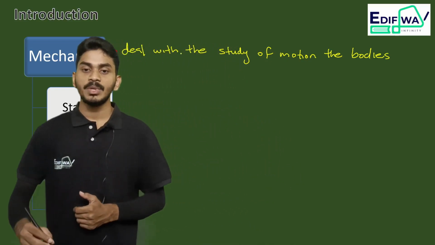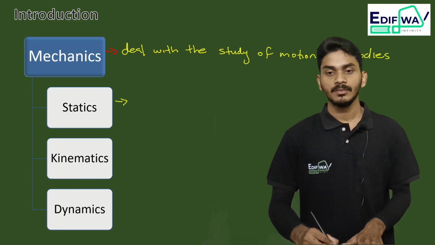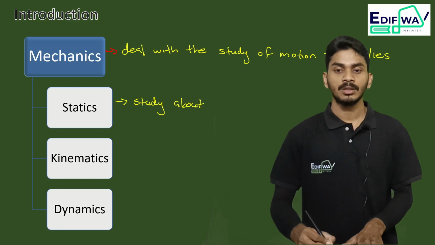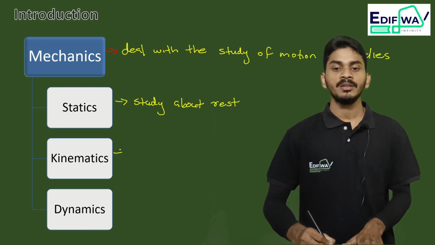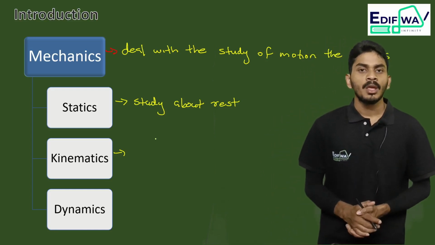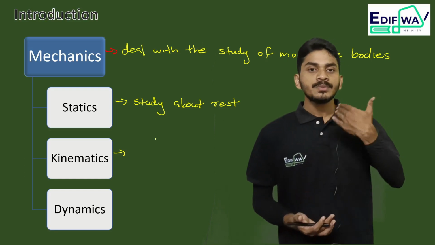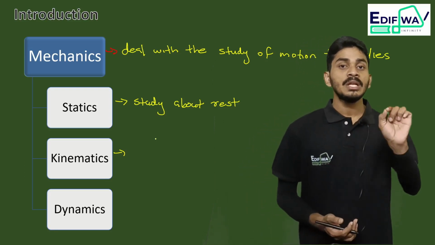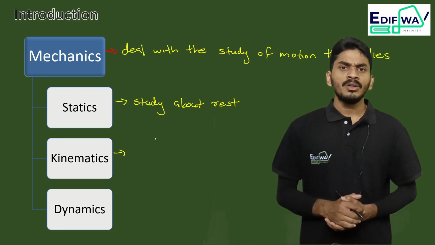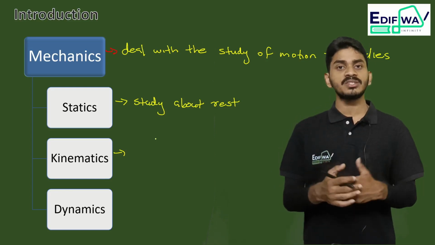Okay, so statics means study about rest. Then we have kinematics. What is meant by kinematics? In both kinematics as well as dynamics, we deal with the study of motion. Then you may think, why should we have 2 different branches?